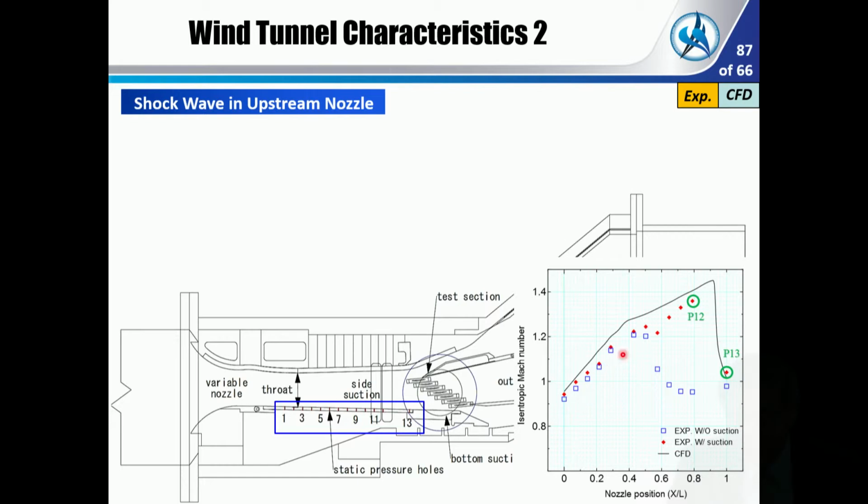So it's plotted like this, the CFD results are the line, and the experimental data are symbols, and the blue symbol is the data without wall suction. So we need the wall suction anyway, but if we use the wall boundary layer suction, it's much better. Okay, and it's a very good agreement with the CFD results like this.